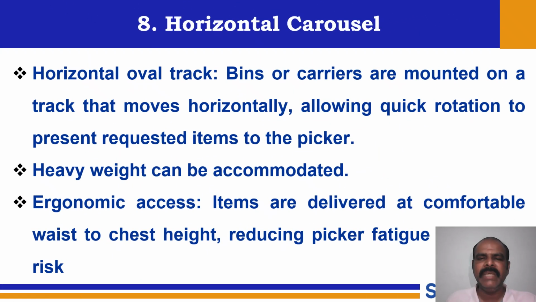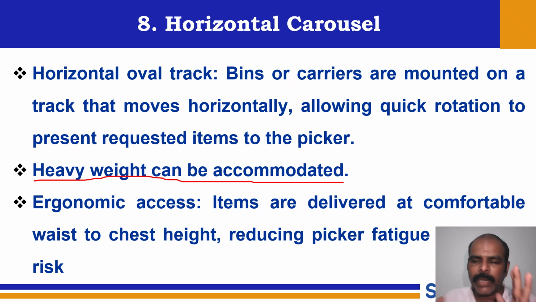Horizontal over-track bins or carriers are mounted on a track that moves horizontally, allowing quick rotation to present requested items to the picker. Heavy weight can be accommodated. This is the crucial advantage: as no other element takes the load, only the floor takes up the entire load, so we can go ahead with this.